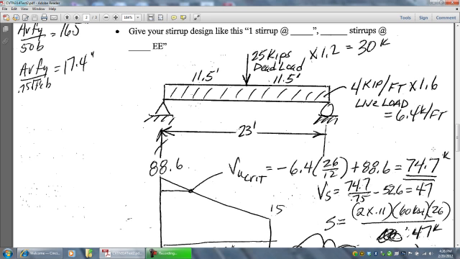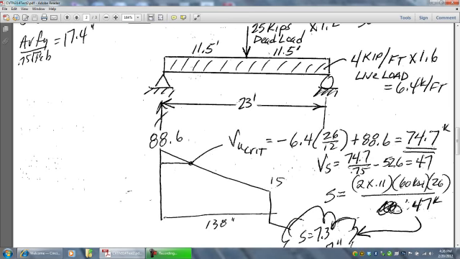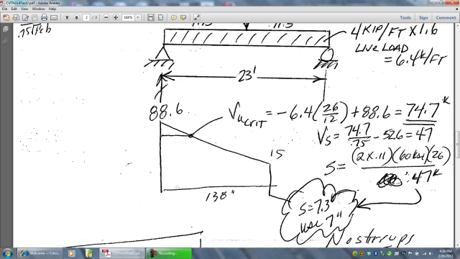The 4 kips per foot gets multiplied by 1.6, so that becomes a factored load of 6.4. My shear diagram, or half the shear diagram, goes up to 88.6 and then down to 15. VU critical comes out to 74.7 and some change.